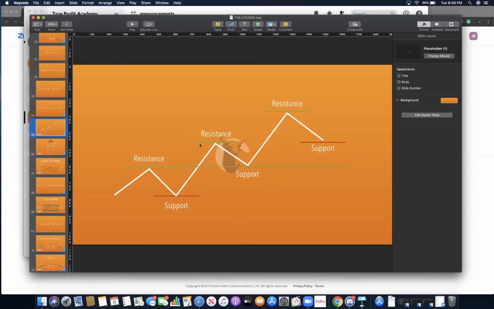So for instance, back to this diagram here that I have, when the market started going up, it couldn't go any further. It represented as resistance, this green line here. When the market came back down and couldn't go any further, it represented support. So then the market started going up, right? Created a new resistance. And when it came back down, what was once resistance is now a support.